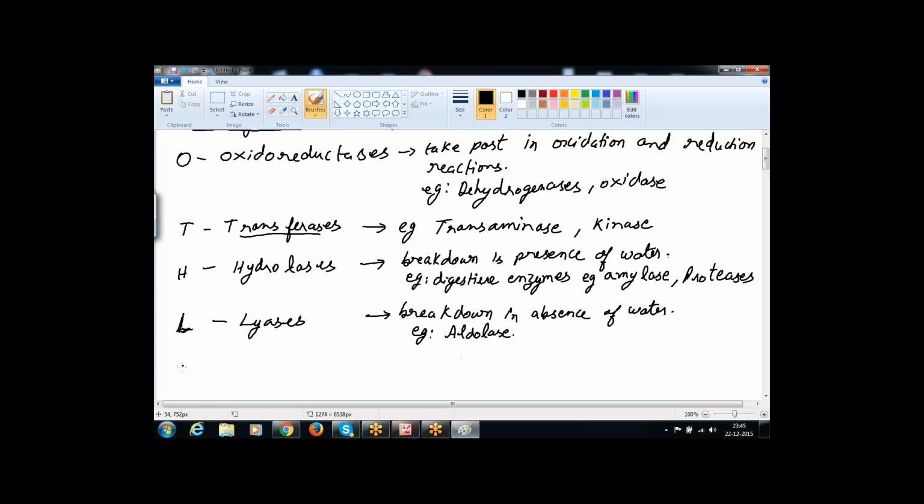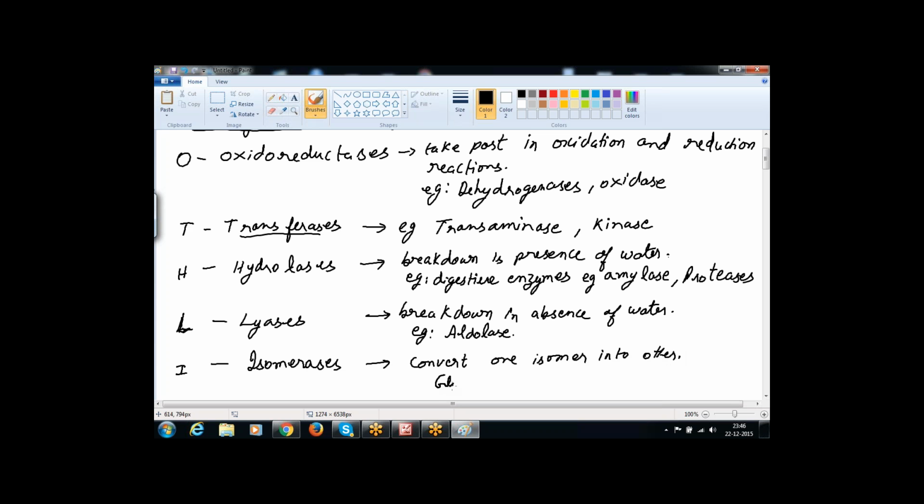Then I stands for isomerases. Of course, it will convert one isomer into another.